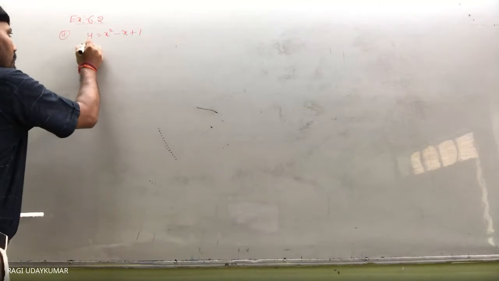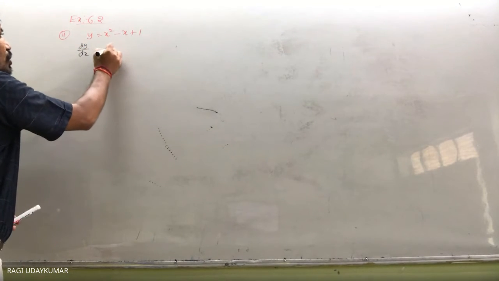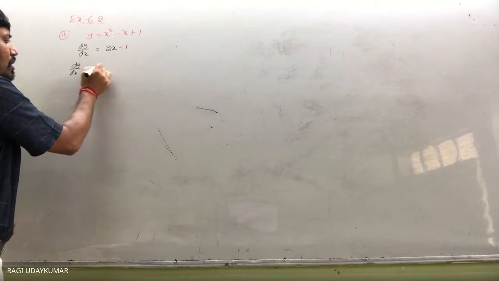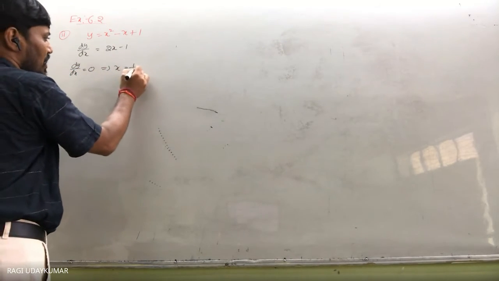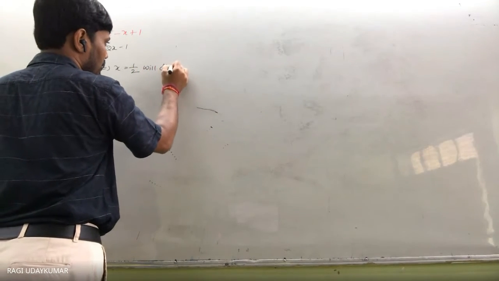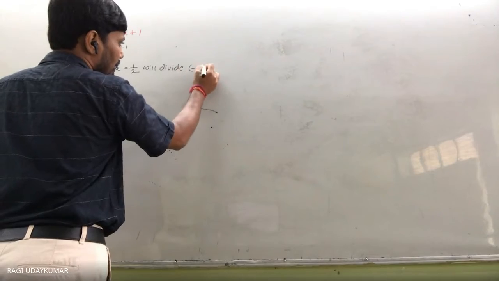So find dy by dx. What do you get? dy by dx is equal to 2x minus 1. dy by dx equal to 0 implies x is equal to 1 by 2. We'll divide. What is the interval given?